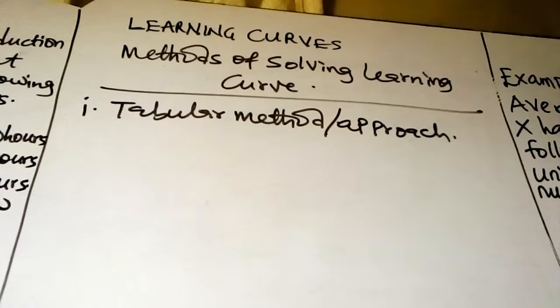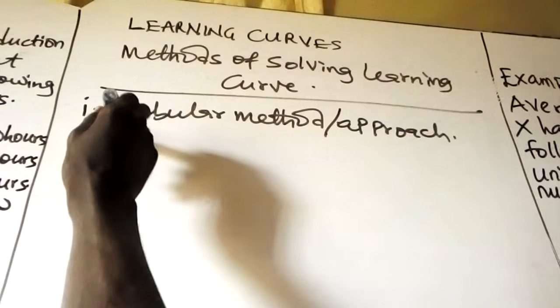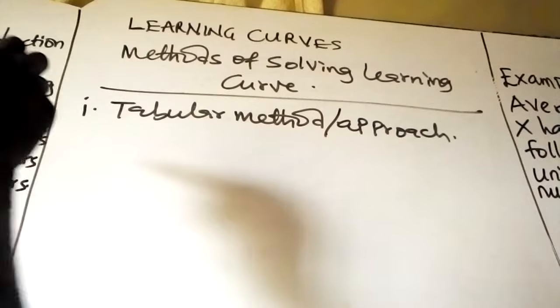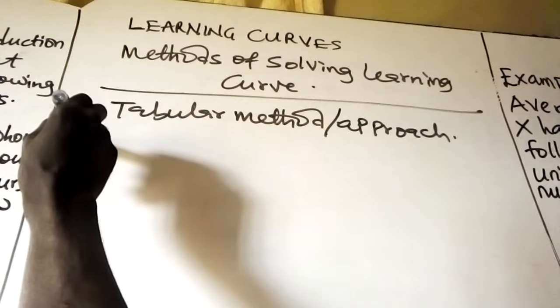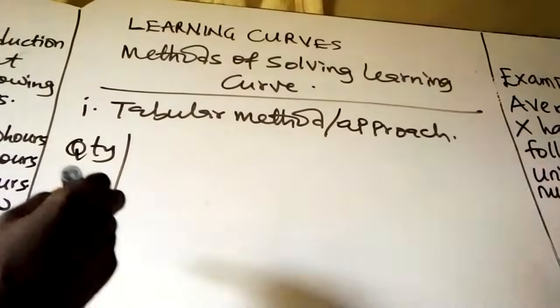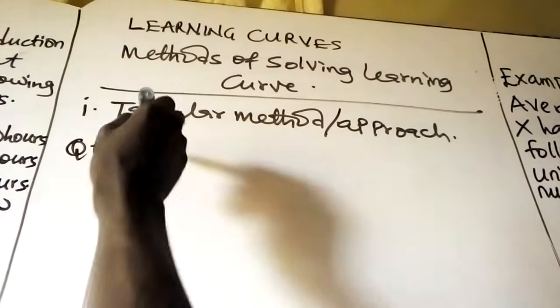Under this method, you are going to use a table, and this table will provide answers to the following columns. Number 1, the first column, you might have the quantity. The second column will be cumulative quantity.